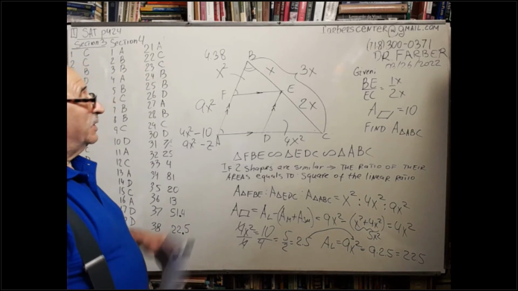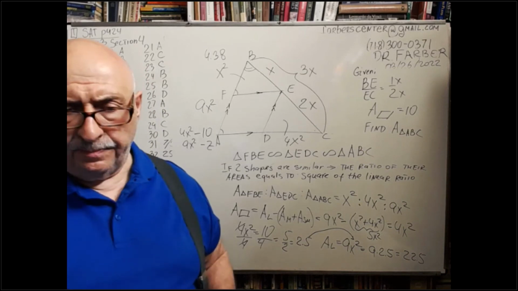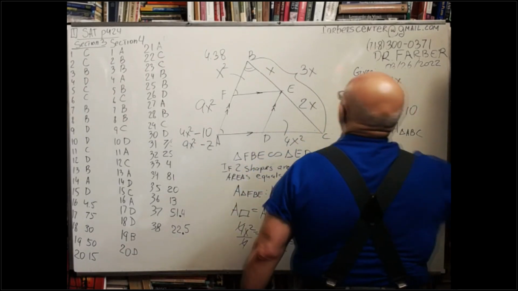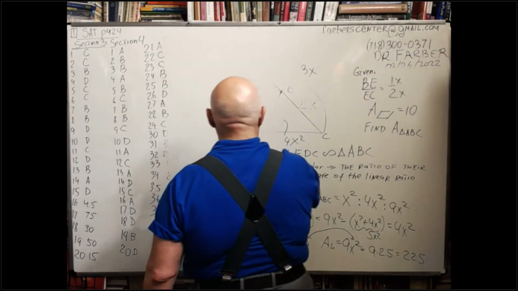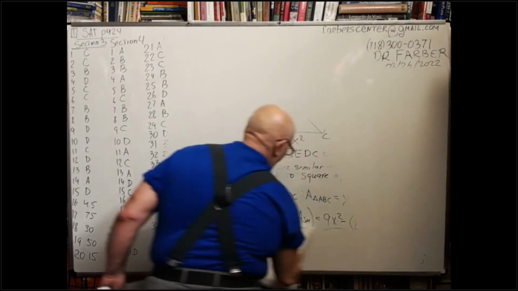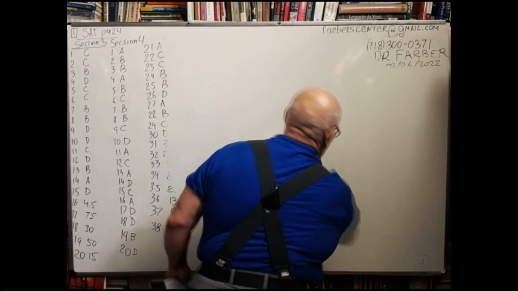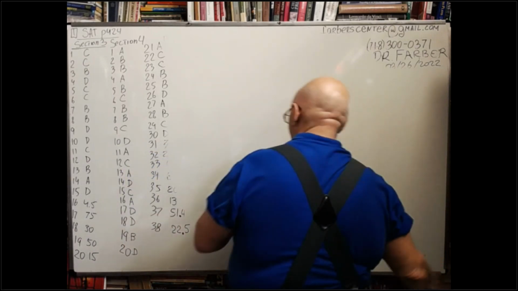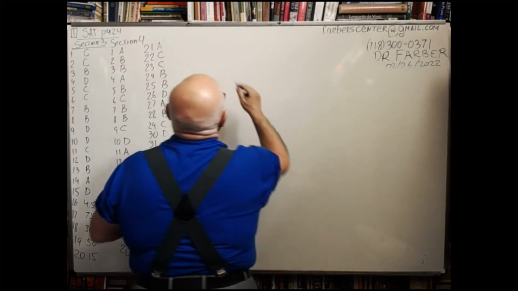Number 4. Can I read this one? Okay. Number 4 from direct variation.